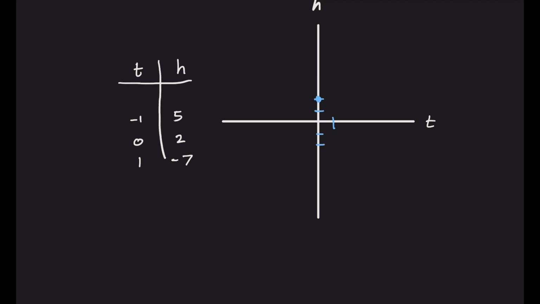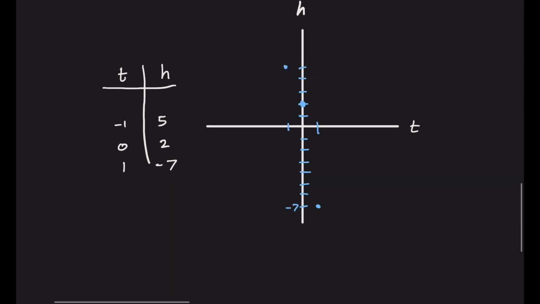Negative 7, 2, 3, 4, 5, 6, 7 is right there. That's negative 7. This is 2. And then I also have negative 1. So that's there. And then 5. So 3, 4, 5. That is this point right here. I'm going to remove the numbers for now because they're in my way.